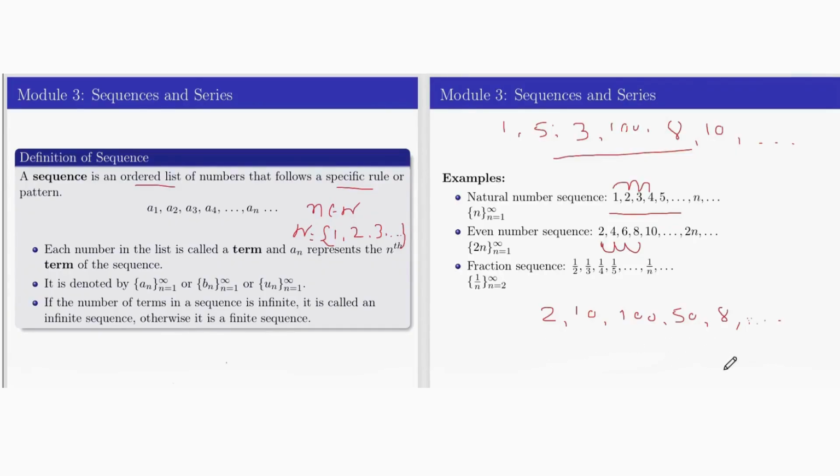All are even, but this is just a list of even numbers. If the list is arranged in order, meaning the first element is 2, then 4, then 6, then 8, and so on, then this is an ordered list, and this ordered list follows the rule. So that's why this is an example of a sequence.